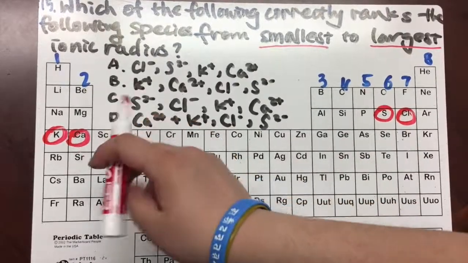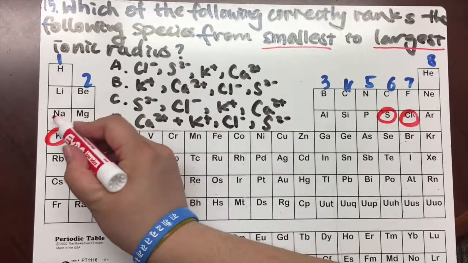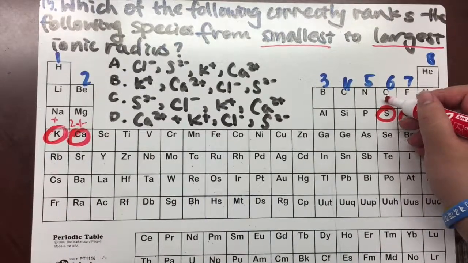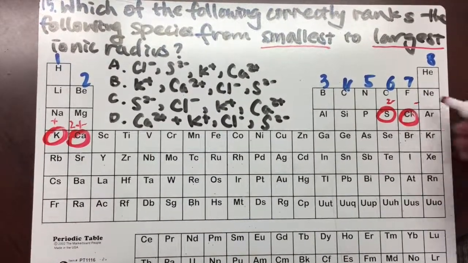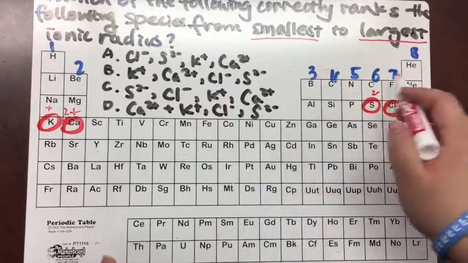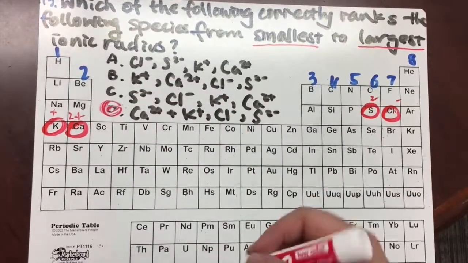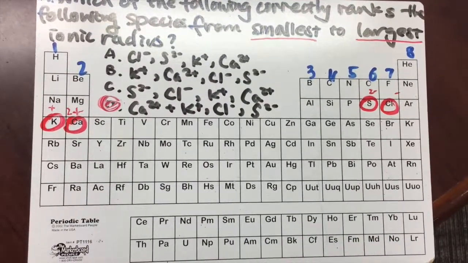So we can know that sulfur and chloride ions will be larger. More specifically, we need to know that atomic radius is decreasing from left to right. So calcium 2 plus is the smallest and sulfur 2 minus is the largest, which is D.